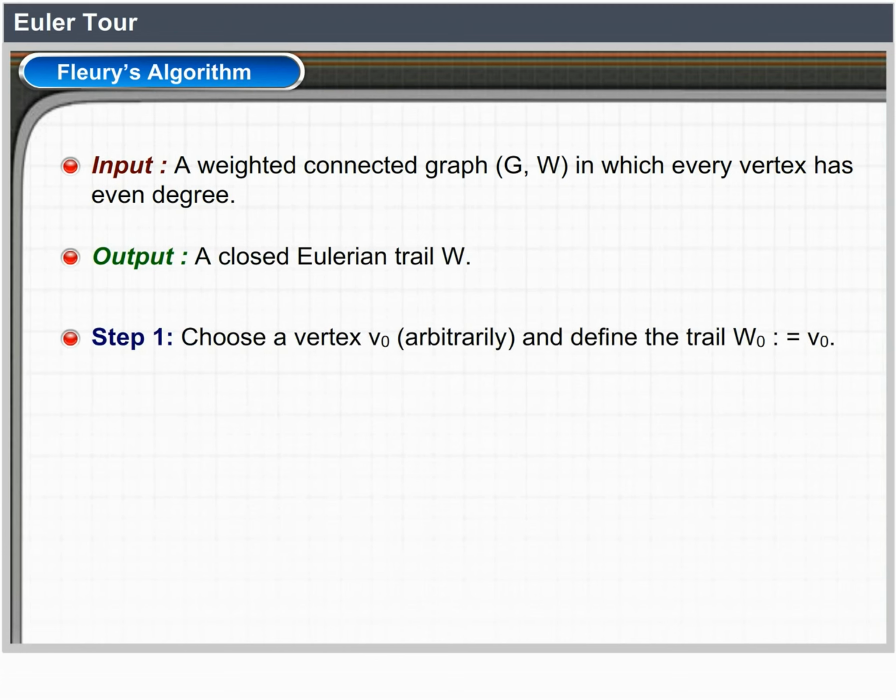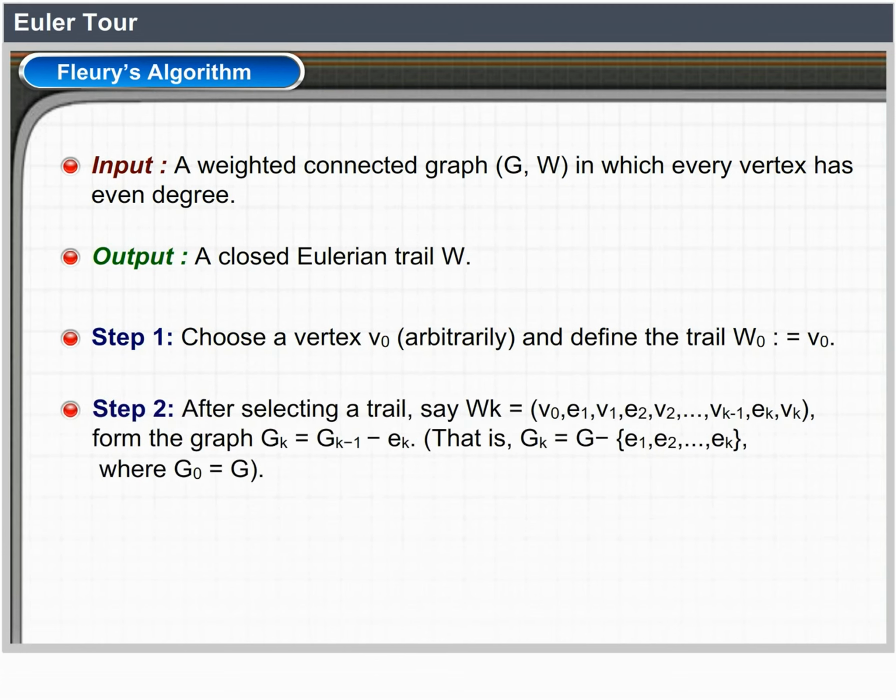After selecting a trail, say Wk equals V0, E1, V1, up to Vk-1, Ek, Vk, form the graph Gk equals Gk-1 minus Ek, that is Gk equals G minus the set E1, E2, up to Ek, where G0 equals G.